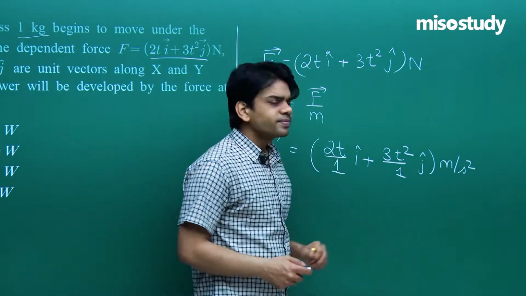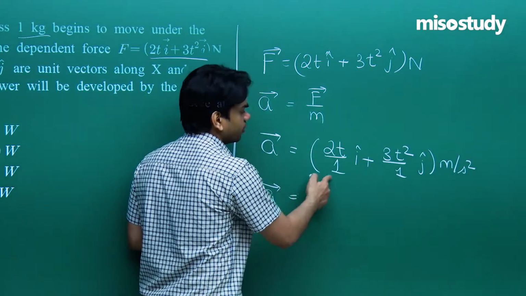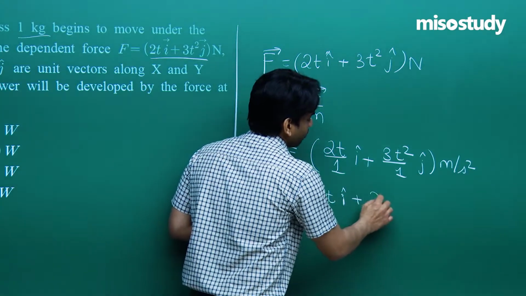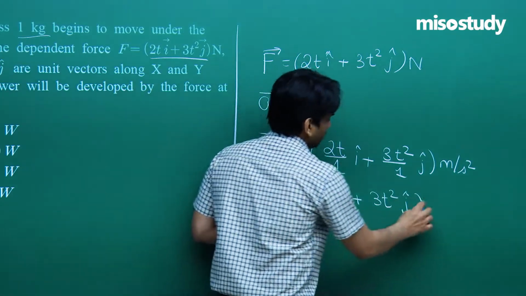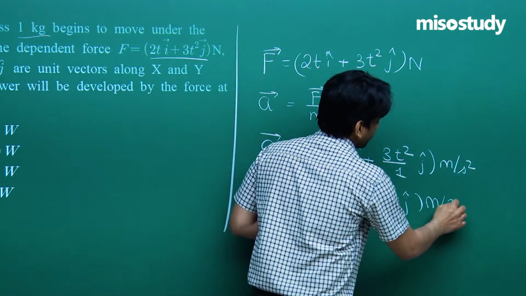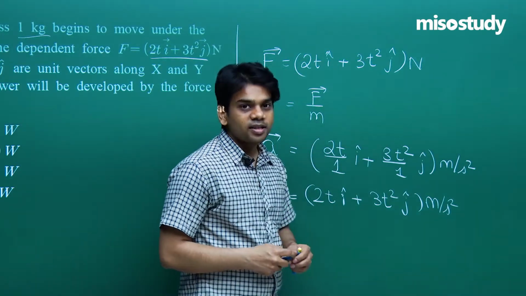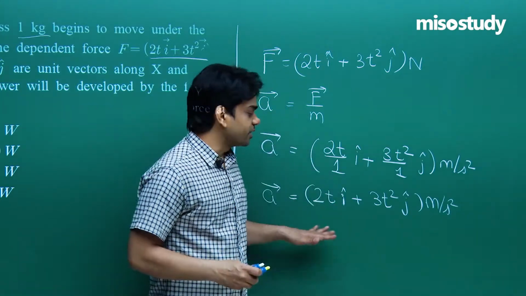Now let's simplify this. We can write it as 2t i cap plus 3t square j cap meter per square second. Now we got the value of acceleration in terms of time t.